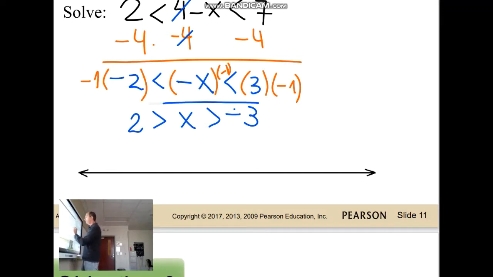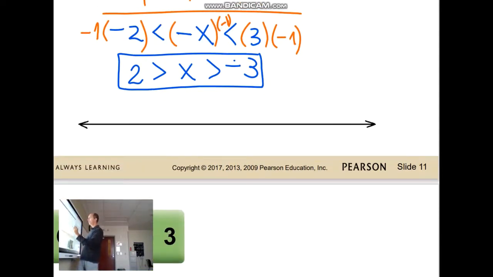If you want to represent this using the number line, so find here the number line. Let's say this is 0, this is going to be -3, and let's say this is 2, right? The interval between -3 and 2 is included.